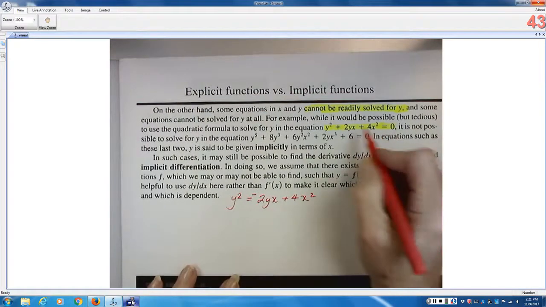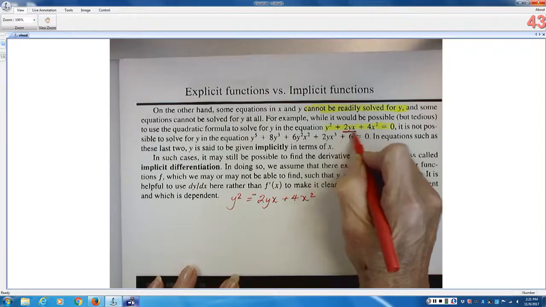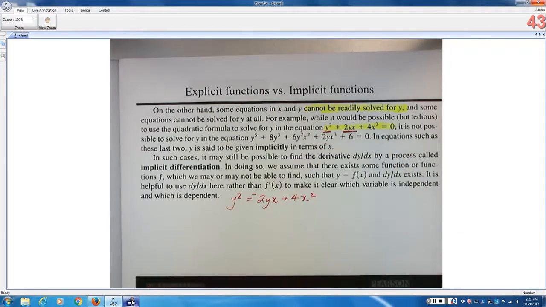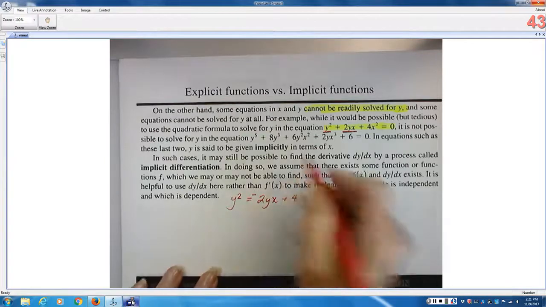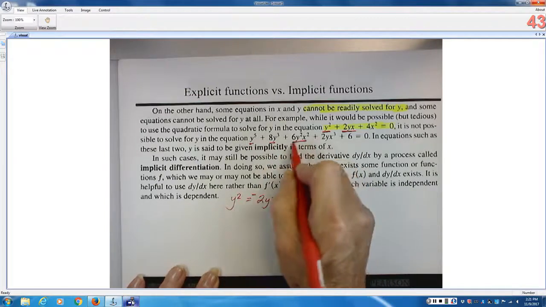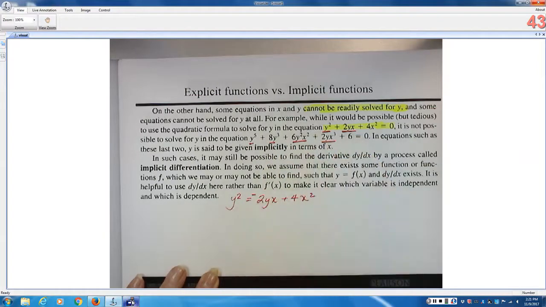It's not implicit just because y shows up here, but because y shows up in a separate term. It's in two separate terms. Same thing is true here. You've got y's in that term, and that term, and that term. The y's are all mixed up with the x's. They're all multiplying times the x's.